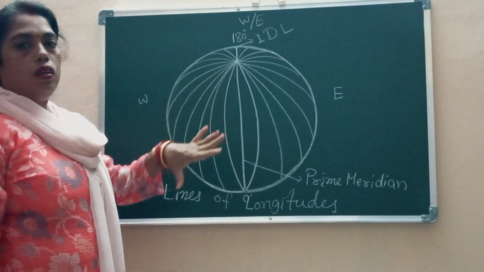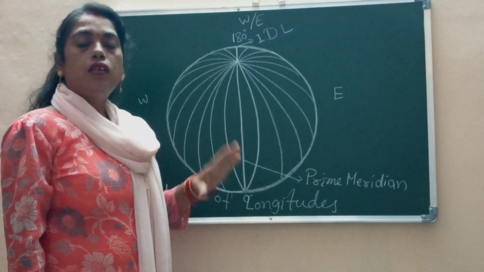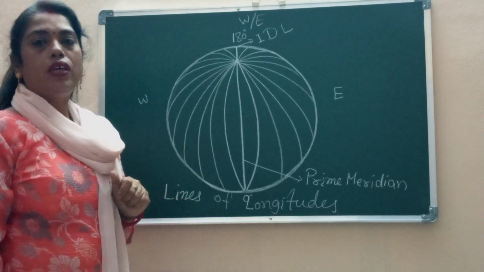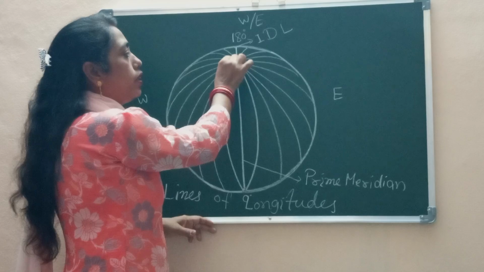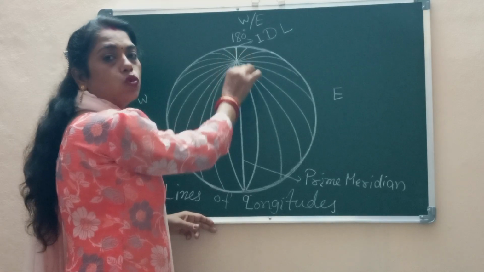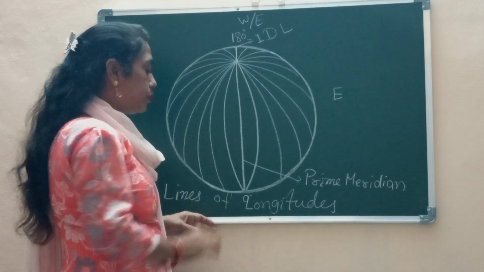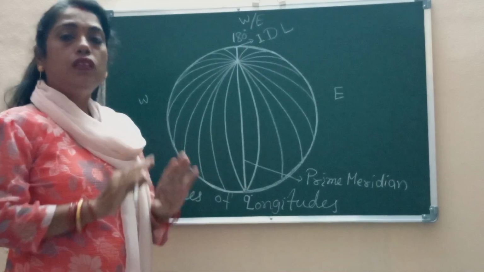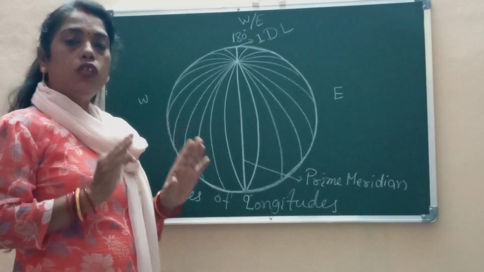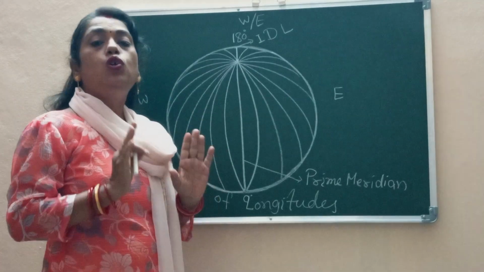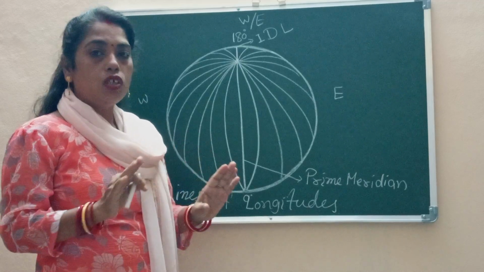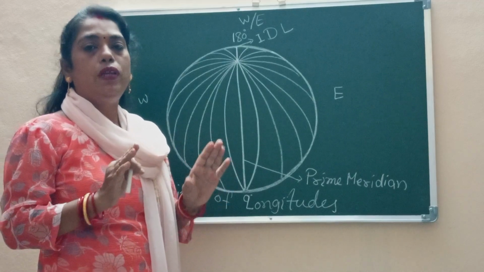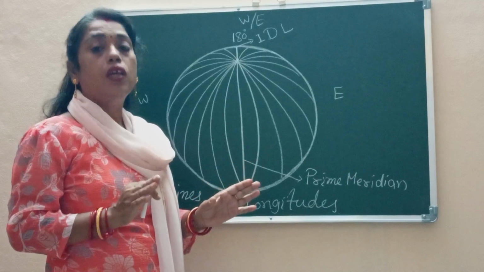So all these lines are semicircles. Why are we saying semicircles? Because every line will start from the north pole and touch the south pole. As all these lines go from north pole to south pole, they are all of the same length. There is no line which will be longer than another.